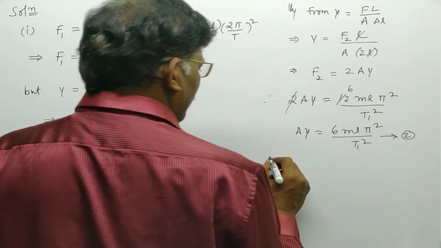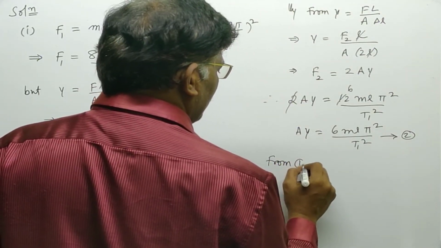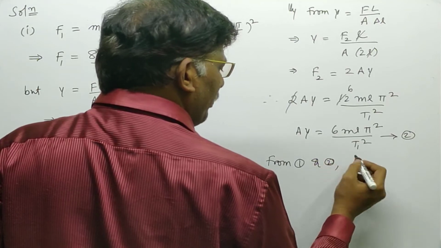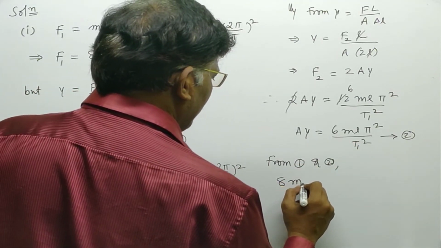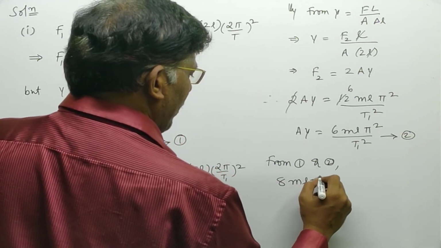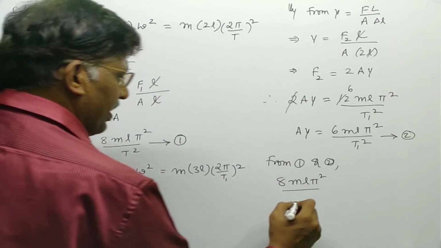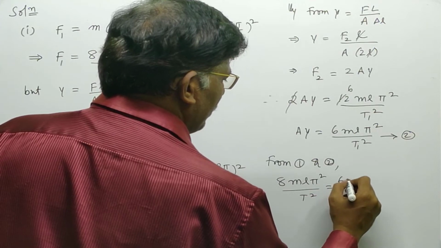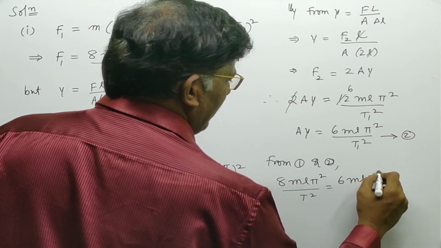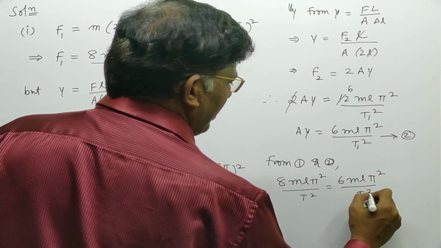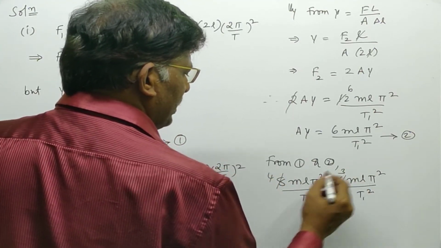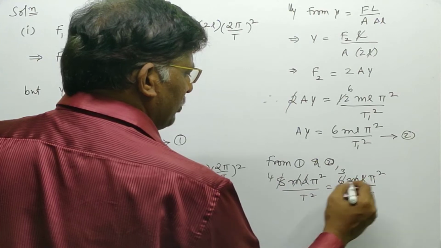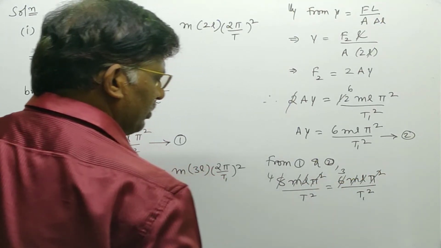From equations 1 and 2, the LHS are equal in both. We can write 8 ml pi square divided by t square is equal to 6 ml pi square divided by t1 square. 2 4s are 8, 2 3s are 6, ml cancels on both sides, pi square cancels on both sides.